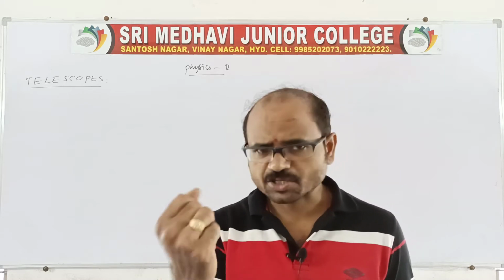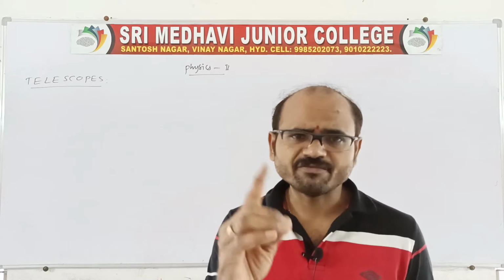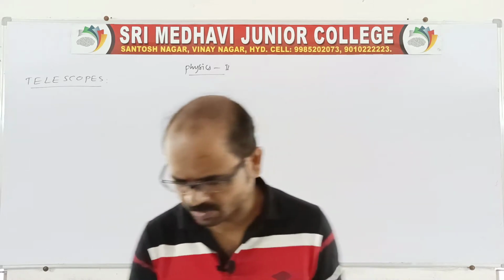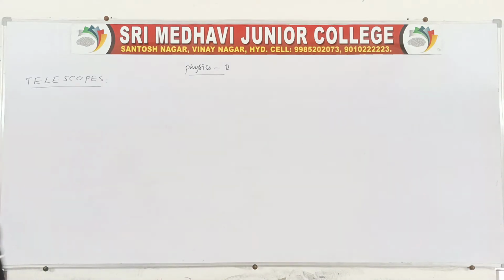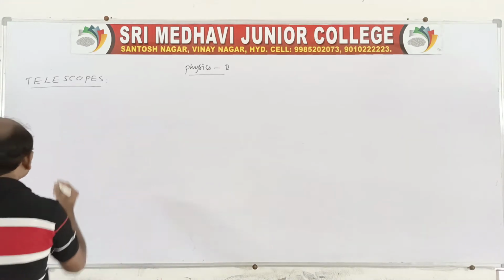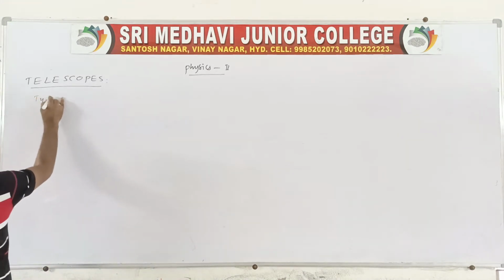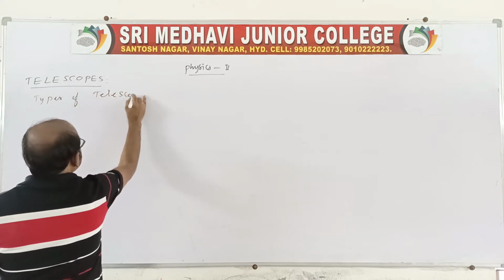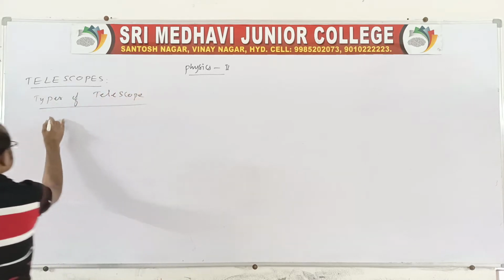So refracting telescopes are of three types. One is the astronomical telescope, another is the terrestrial telescope, and one more is the Galilean telescope. There are three types of telescopes using lenses. I am giving the types of telescope, you write them here.